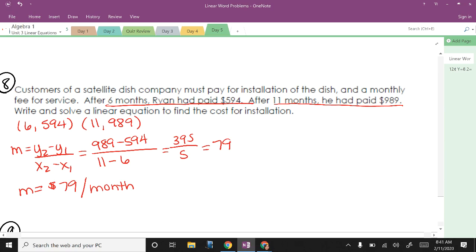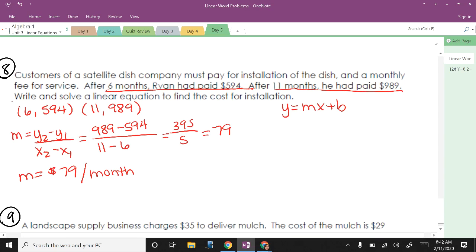And it said a monthly service fee and an installation fee, right? So the installation fee would be what, do you think? It would be B, wouldn't it? So yeah, y equals mx plus b. And we got 2 ordered pairs though, so which one are we going to use? Yeah, it don't matter, but we want to pick the smaller one probably.